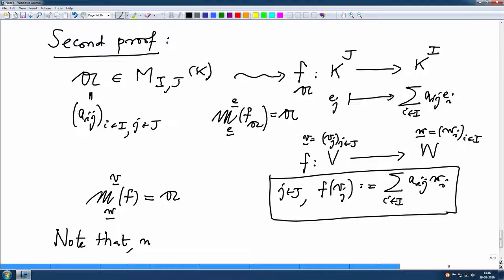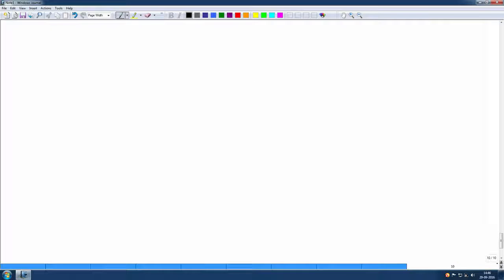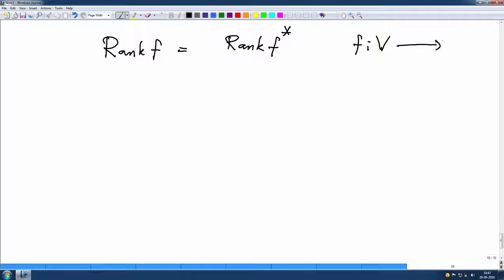So, note that we have proved earlier that rank of F equals rank of F star. Where F star is a map, if F is a linear map from V to W, F star is a map in the other direction.